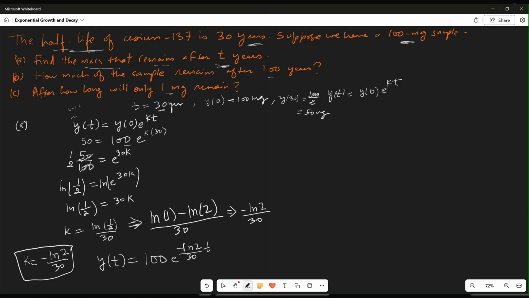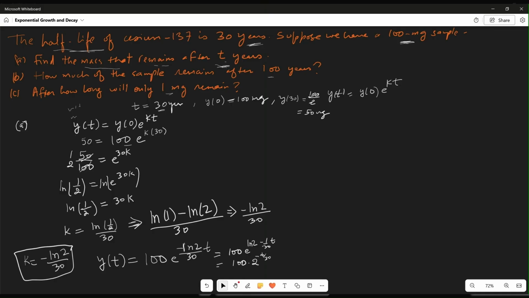And if you simplify this, pretty sure you guys are good at this. This is simply saying e raised to the power natural log 2 multiplied by negative 1 over 30 t, right? Same thing, we just worry a little bit because we know that e to natural log 2 is simply 2, so 100 times 2 raised to the power t over negative 30.